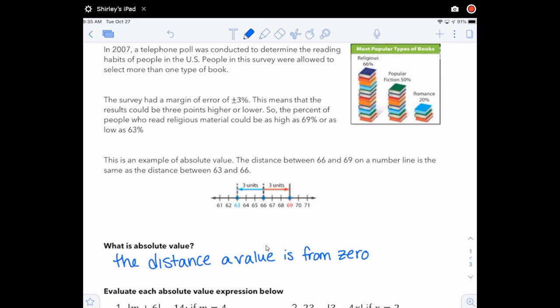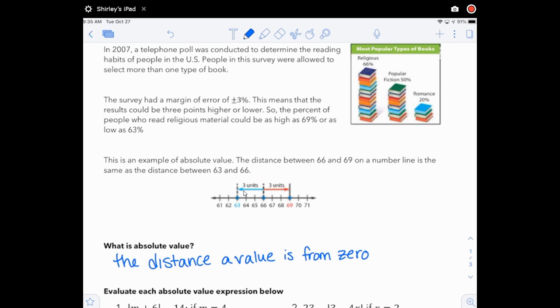So since we are talking about distances, you can never measure something to be negative. So absolute values are always positive. That is the idea of what we're talking about up here. So when my center point is 66, no matter whether I'm talking about 69% or 63%, both of those are 3 away. So my margin of error is 3% on both ends.